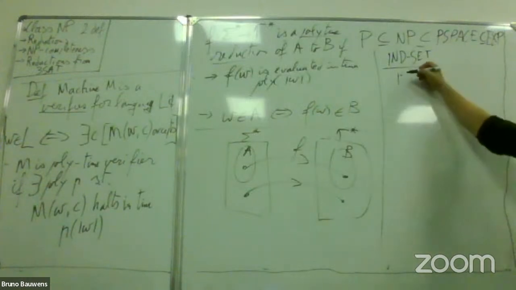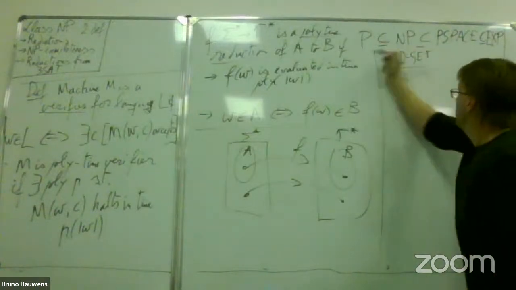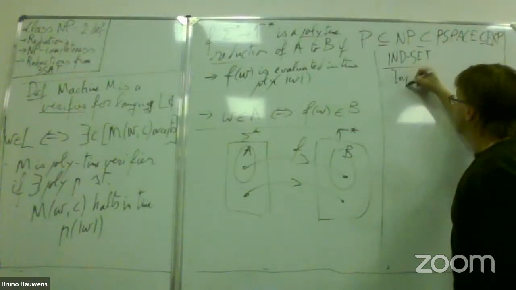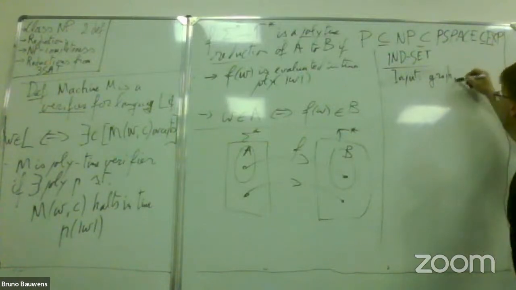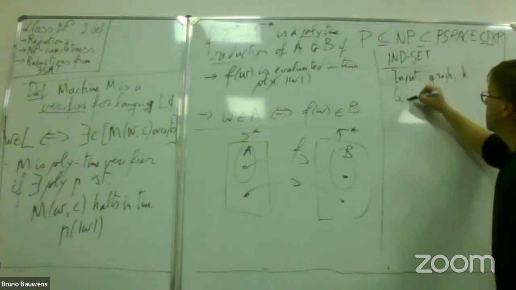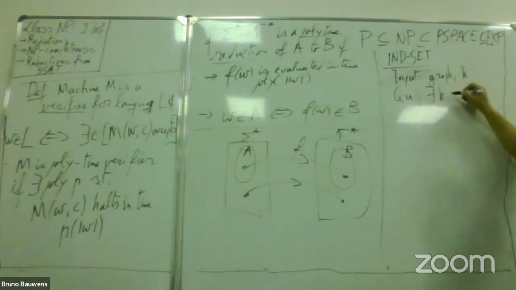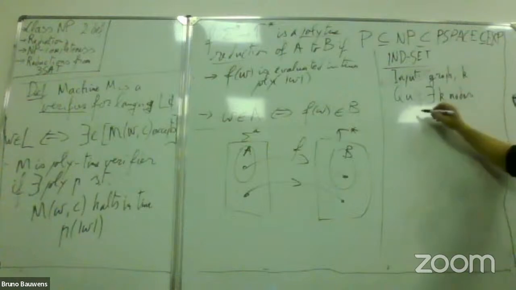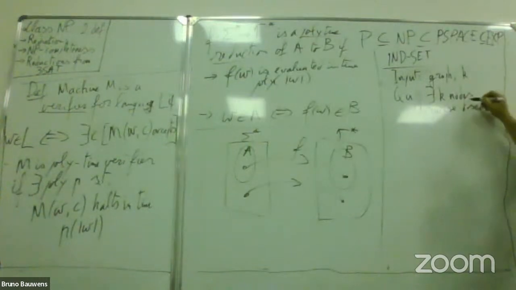Let me write the problem because we can use it a few more times in this lecture. The input is the graph and k, and the question is whether there exist k nodes pairwise disconnected.